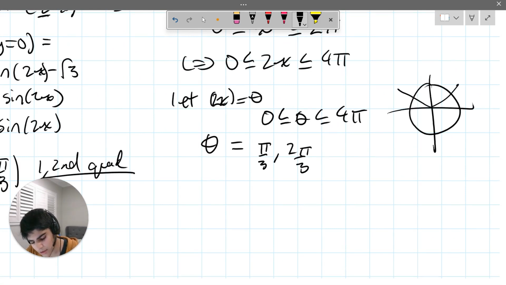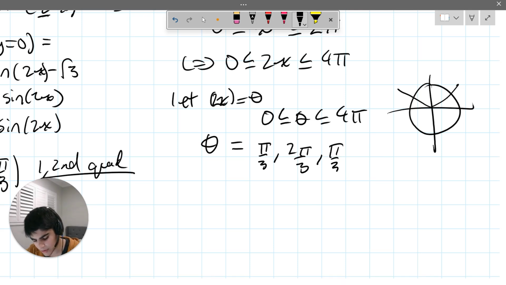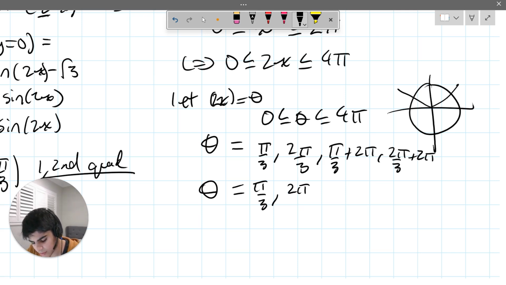So pi on 3, 2 pi on 3, let's draw a diagram here. We have a full revolution, so pi on 3 plus 2 pi gets us 7 pi on 3, and 2 pi on 3 plus 2 pi gets us 8 pi on 3.